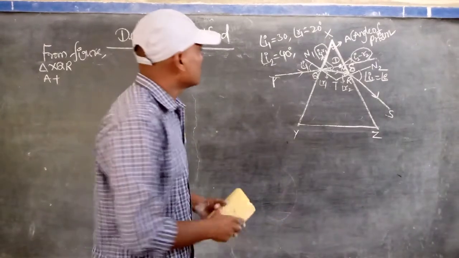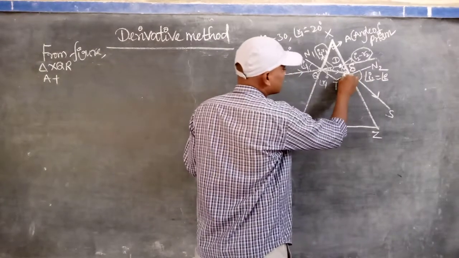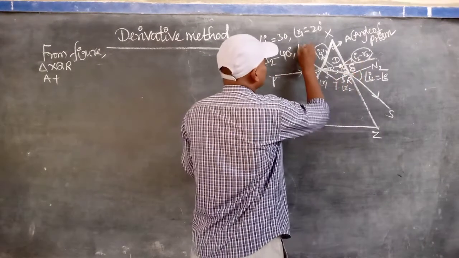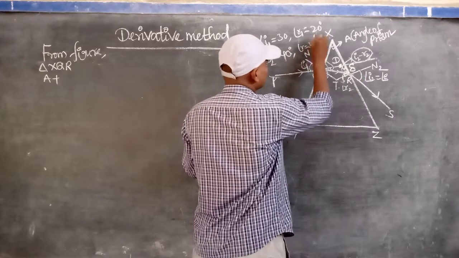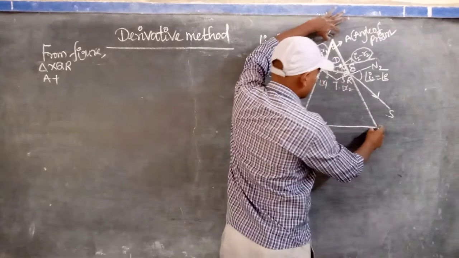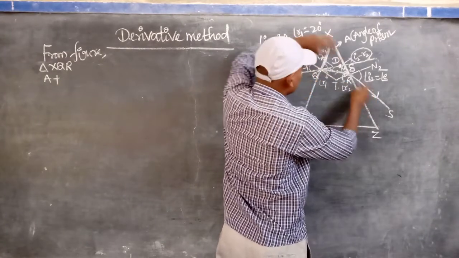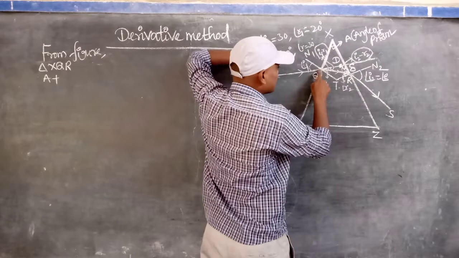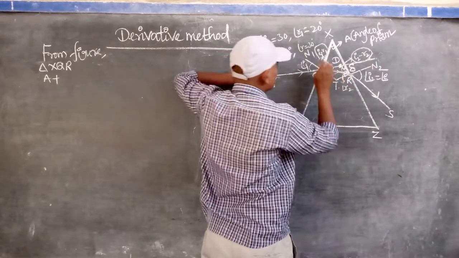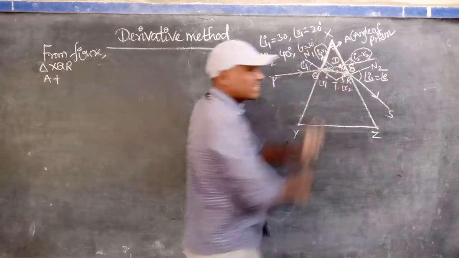At that time, this angle, for example, angle R is 30. For the XY surface, PQ is the incident ray and QR is the refracted ray.